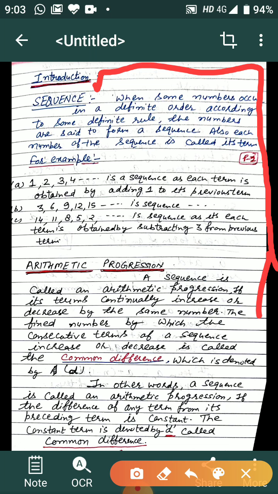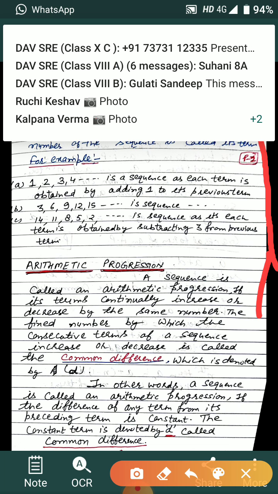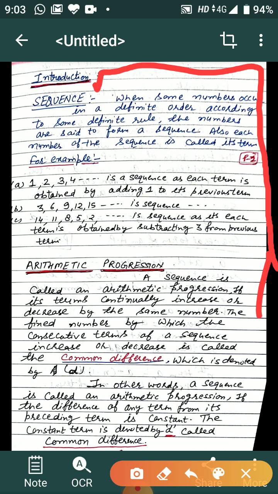As we take the example 1, 2, 3, 4, 5, it is a sequence because each next number is obtained by adding a fixed number, meaning here we add 1 to the previous number or previous term. In the second example I have taken 3, 6, 9, 12, 15, which is a sequence.